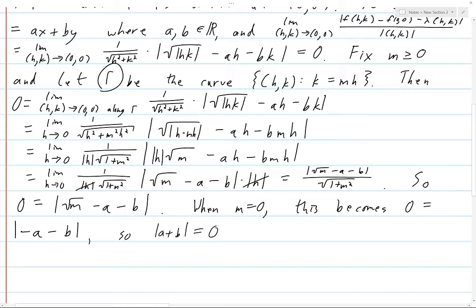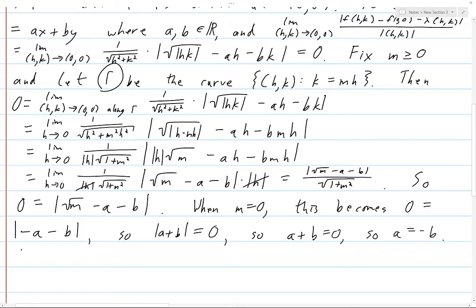We just factored out a -1. So the absolute value of a plus b equals 0. And if a and b are real numbers, and the absolute value of a plus b is 0, then it needs to be the case that a plus b equals 0. So a equals minus b.